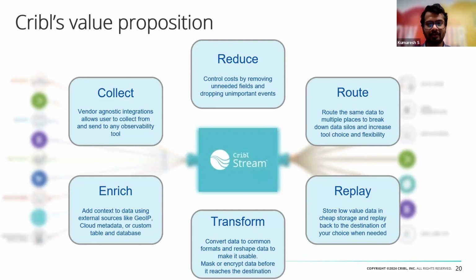It may be low value in analytic tools right now, but it may be needed in the future. So in such cases, you can send the full data to cheap blob storage such as S3, so that eventually when you need the data, you can easily route it back through Cribl Stream to the destination of your choice. So that is what we call replay. You're replaying this data from the low-cost storage into the destination of your choice when you need it.